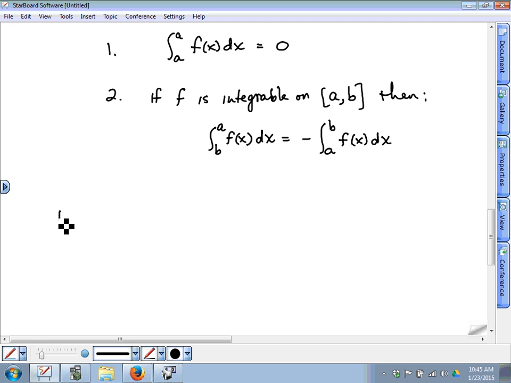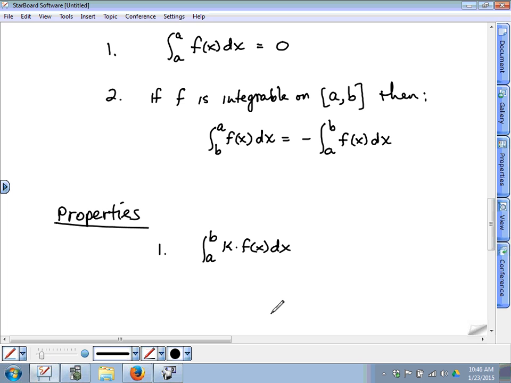And a few more properties. These are pretty similar to the derivative properties. If you're taking the integral from a to b of k times f of x dx, where k is a constant, you could probably tell me what's going to happen here.